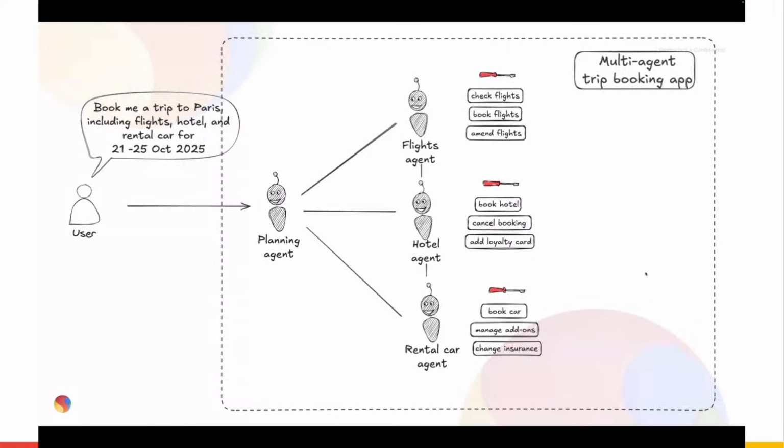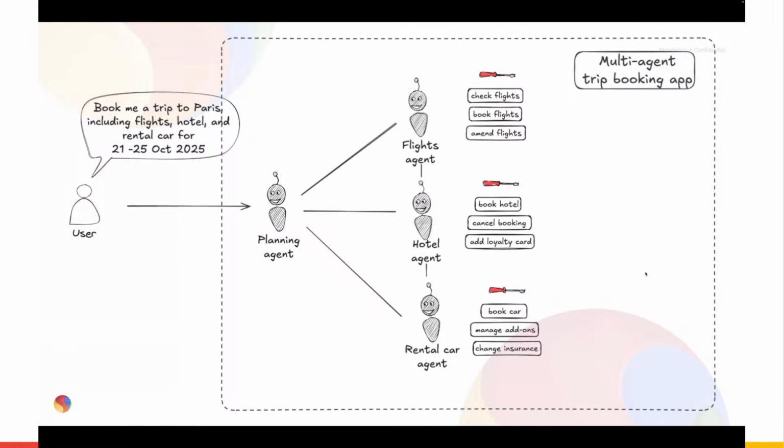And the request goes to the planning agent or the orchestrator. Basically, the planning agent will come up with a plan and then send out individual tasks to the different agents: the flights agent, the hotel agent, the rental car agent. And all these agents also need to speak with one another, because obviously, your flights, when they land, will determine when you pick up your rental car and so on.